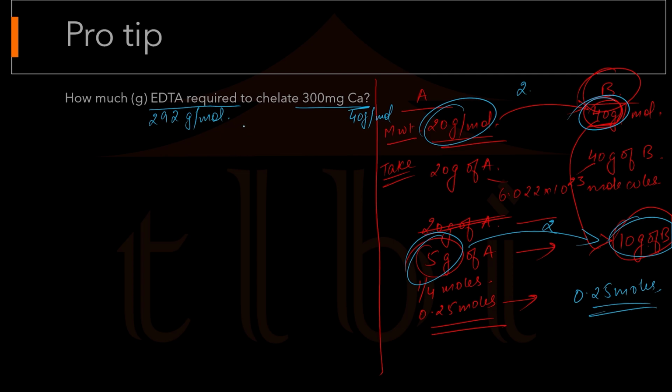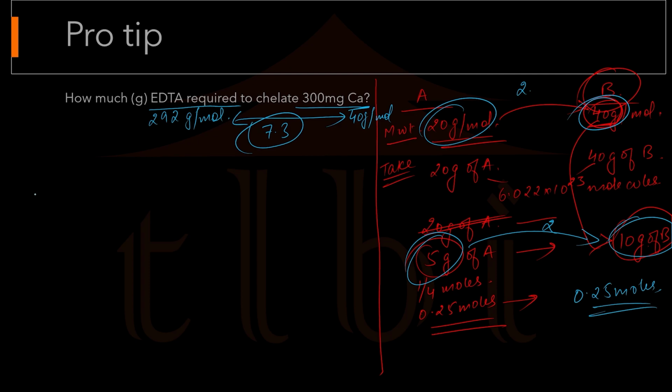And if you calculate the ratio between these two, 292 divided by 40 will give you 7.3. That will be your ratio.